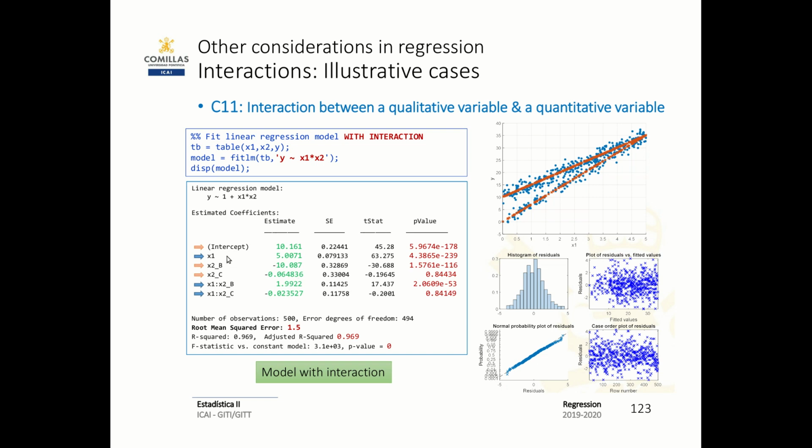We don't have the value for x2 equal a, because when we have three possible values for a categorical variable, we only construct two dummy variables. So these are the estimates for the two variables. The one for x2 equals c is not significant, but when x2 is equal b, then it is significant.